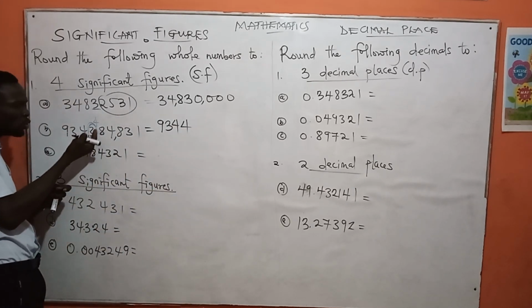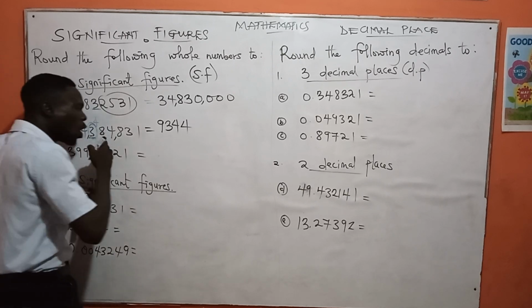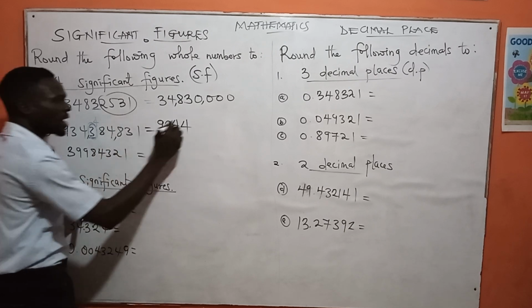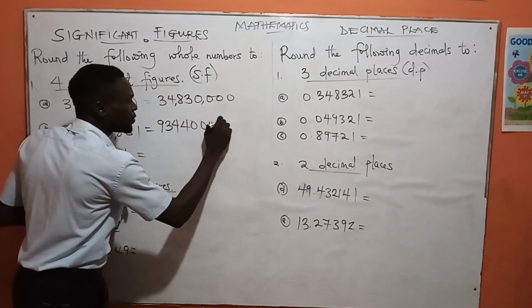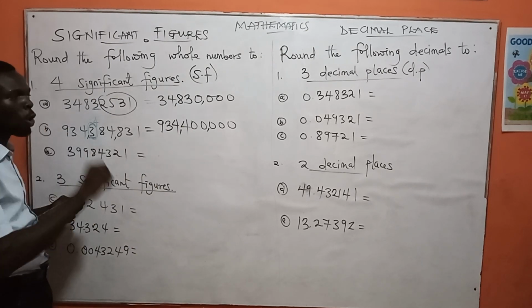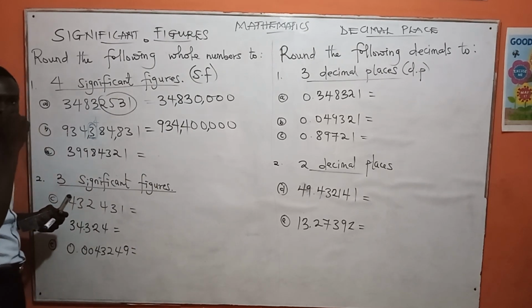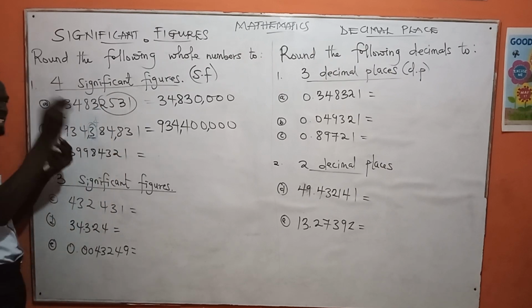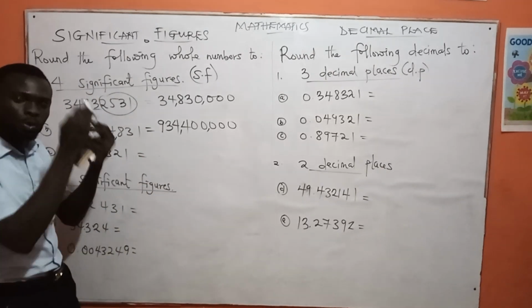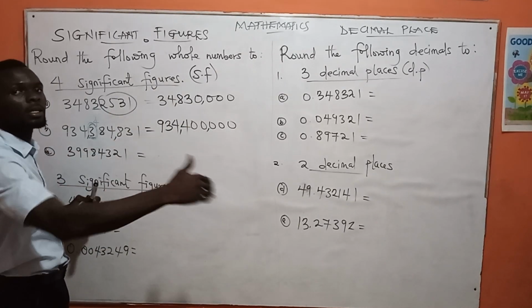Now that you've been able to add 1 to this, change all the digits to zeros. So we have 1, 2, 3, 4, 5. Giving you 934,400,000. So once you are able to identify the value at a given significant place, then you check the number at the immediate right.